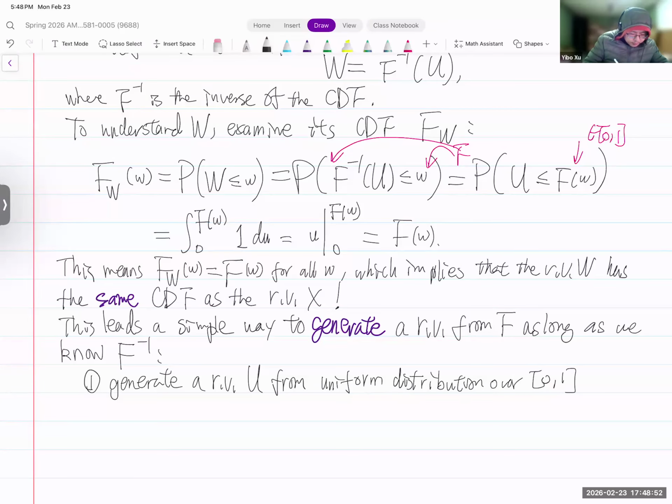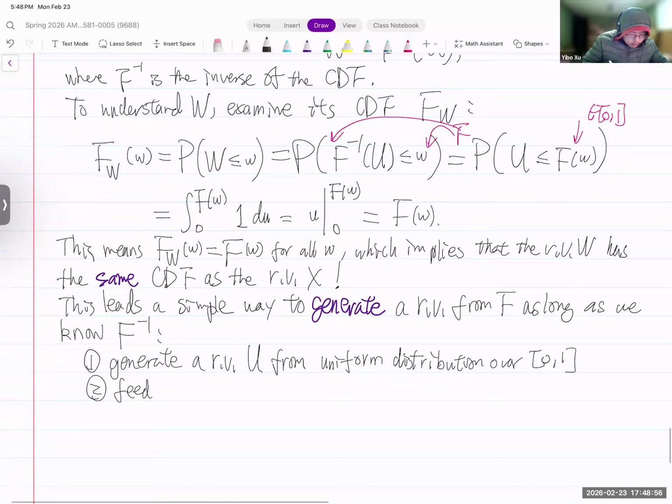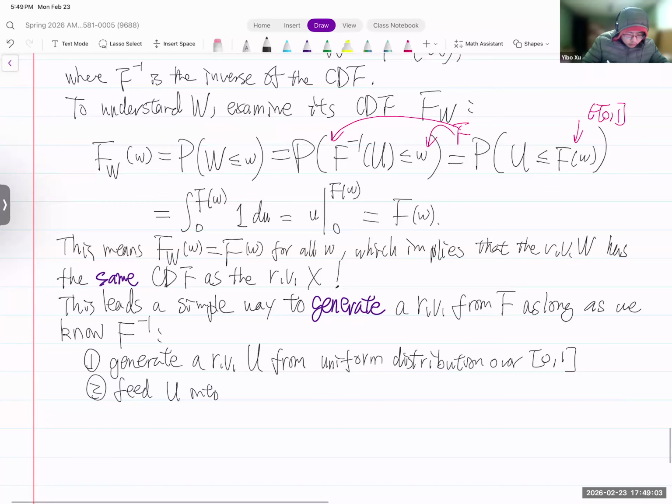And second step, feed u into function F inverse. Okay.